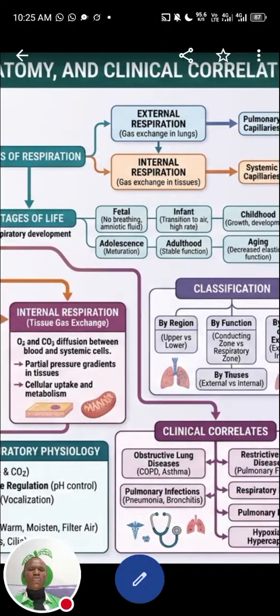We're going to build something that comes out from there. FIELA, meaning the fetal stage, infancy, early childhood, late childhood, and adult. They have their specifications.